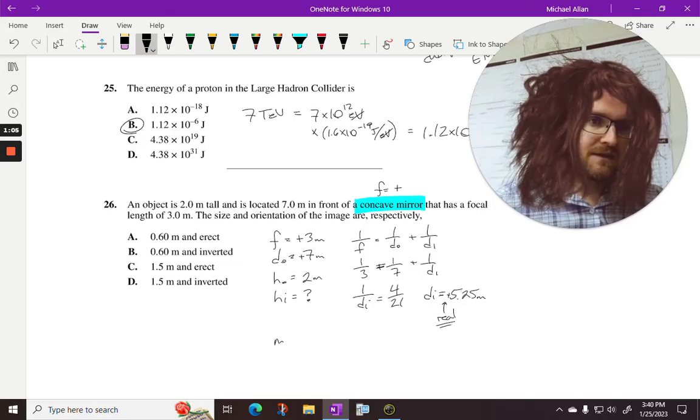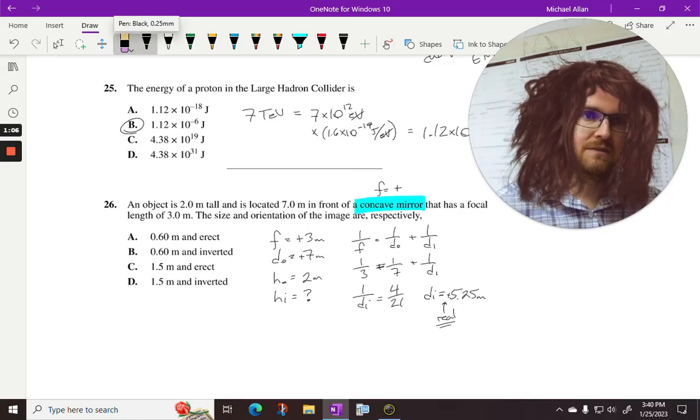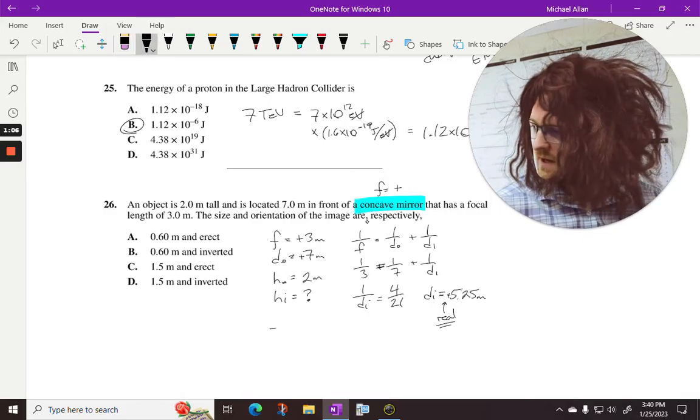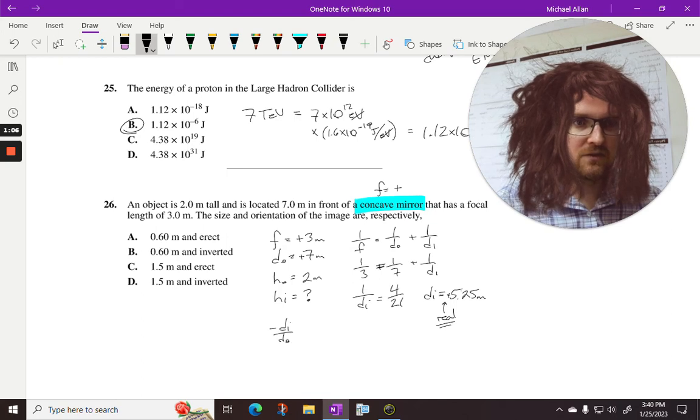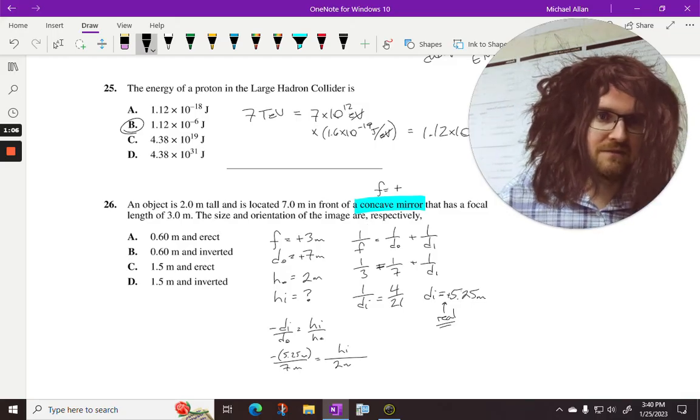But now we've got to figure out some other things, so let's use the magnification here. I guess if we find the height, let's just do that. If it's negative, it's just going to be inverted. Let's find the height. So we're going to use the negative di over do is equal to hi over ho formula here. So negative 5.25 over 7. And on the other side, we have 2, and then we're just trying to find the hi here. Oh, it's going to be negative, so it's got to be inverted.